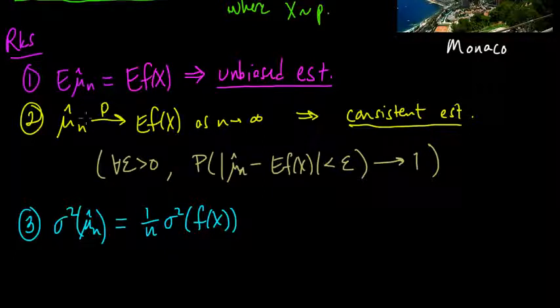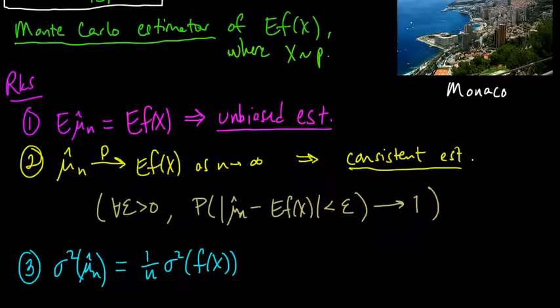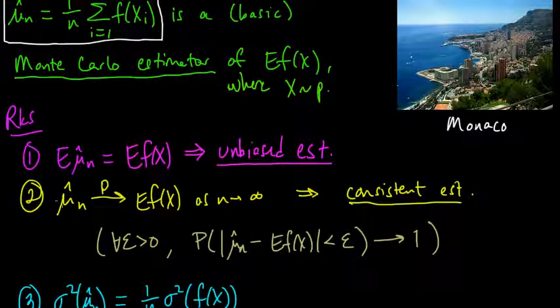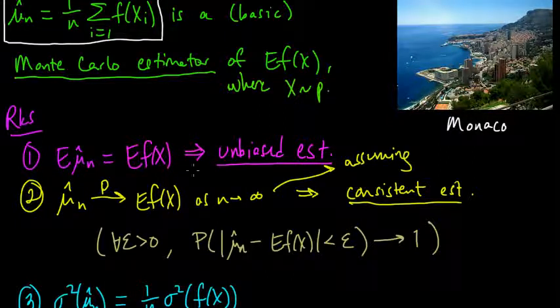And so I should have made a qualifier here. Thinking about variances reminded me, we need to assume that the variance of f of x is finite for this consistency property.